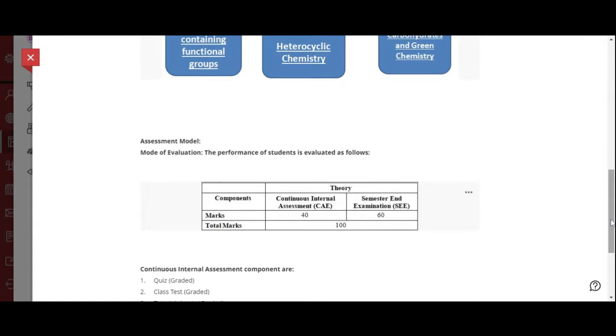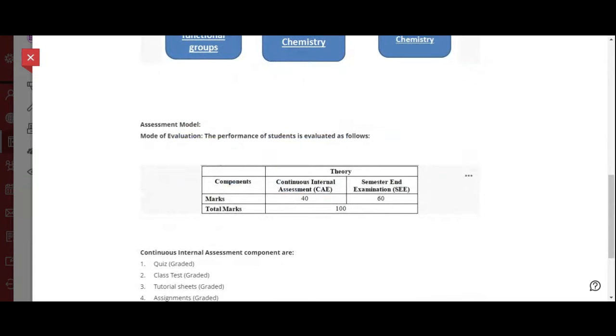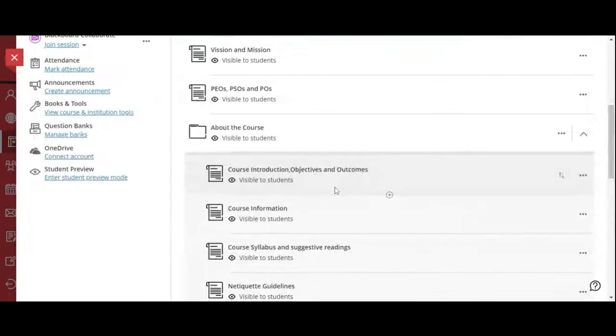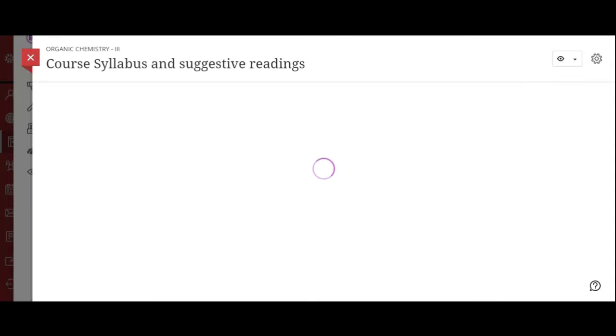And the continuous internal assessment components are quiz that is graded, class test, tutorial sheets, assignments, and engagement tasks like homework and discussion forums, which are non-graded. Okay. I think you all know about the assessment criteria. Right? So coming to our syllabus.